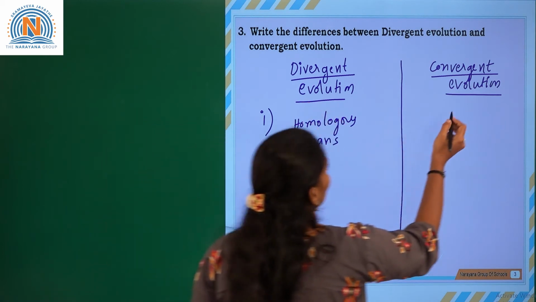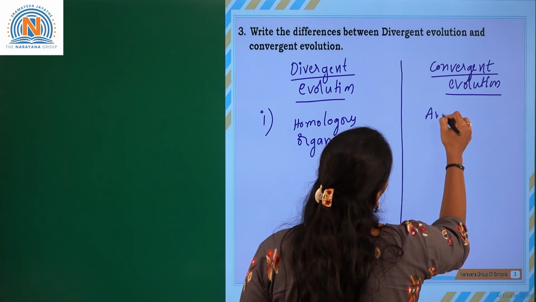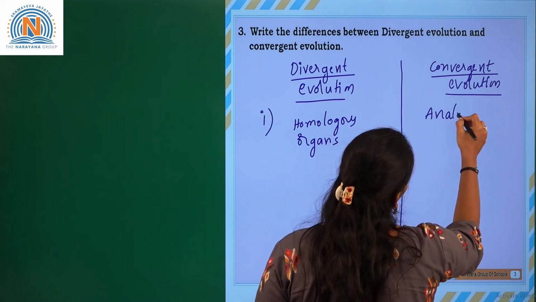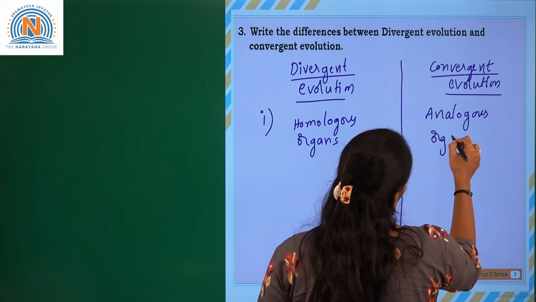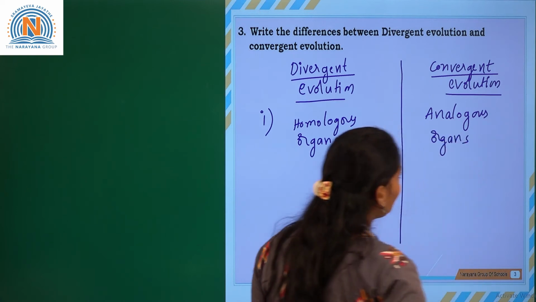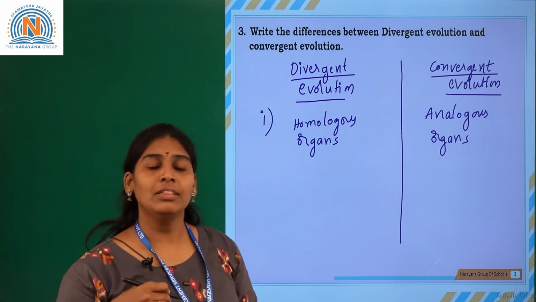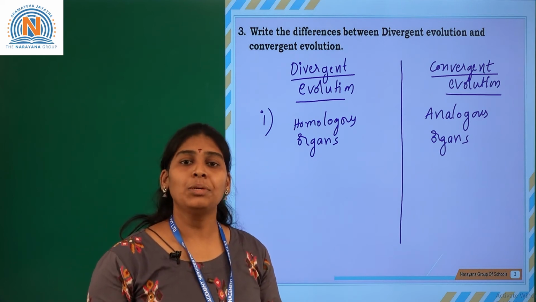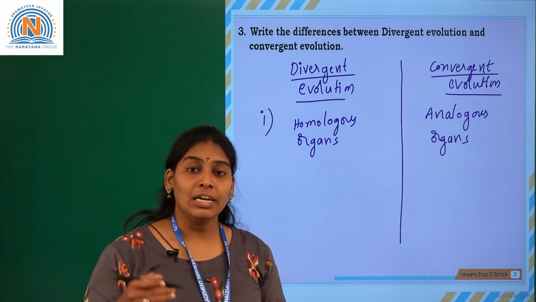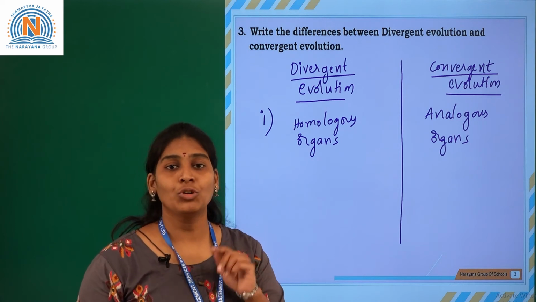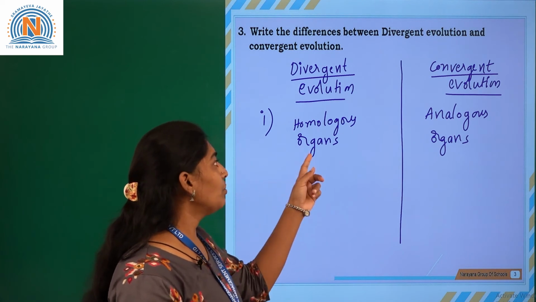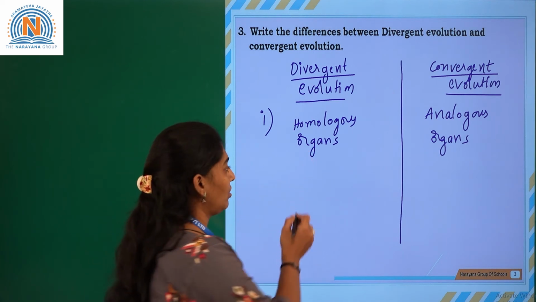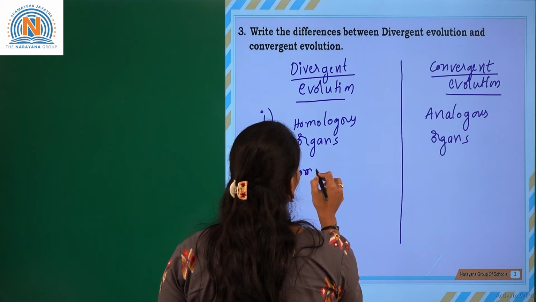And analogous organs are organisms which are different in their structure, similar in their function, which show convergent evolution.